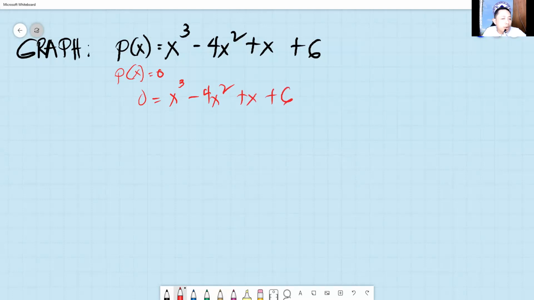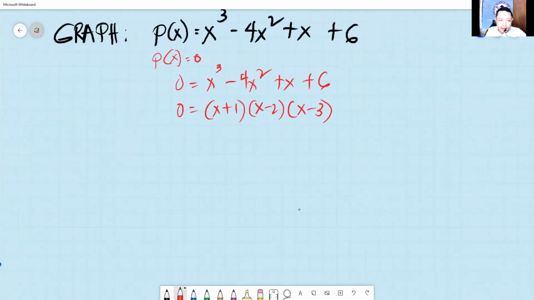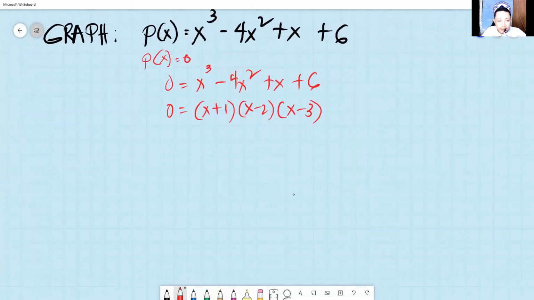And then applying all those processes that we applied a while ago, we were able to get the factors. 0 is equal to x plus 1, x minus 2, and x minus 3. Right? Those are the factored form. And then equating them, the zeros are negative 1, 2, and 3.